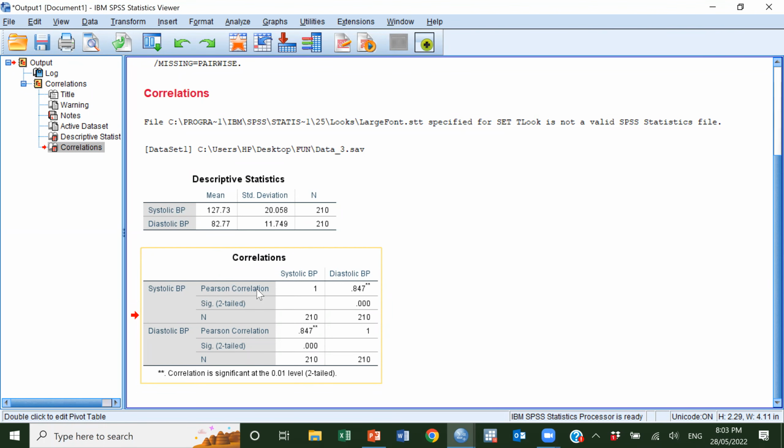So Pearson's correlation between systolic and diastolic blood pressure is 0.847. Have you got it? Yes. And this is the p-value. P-value is 0.000. Okay, so this value, 0.847.